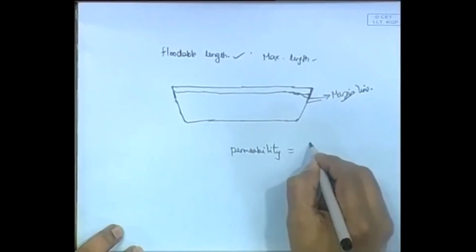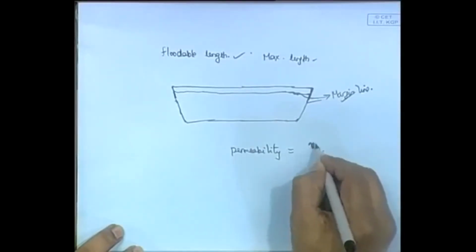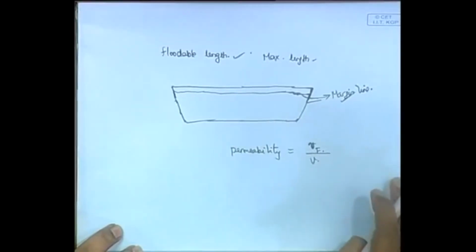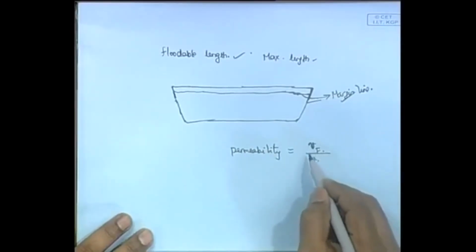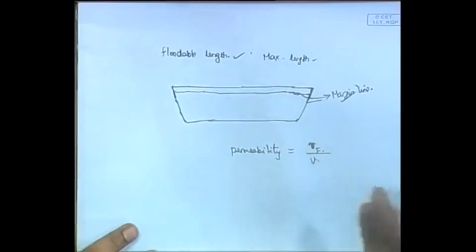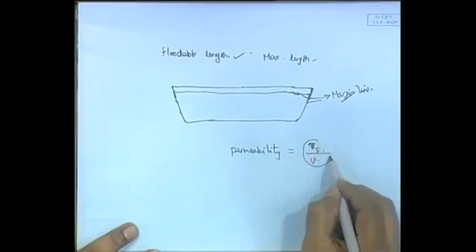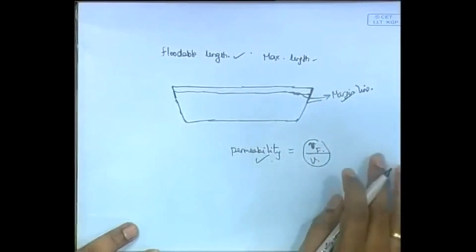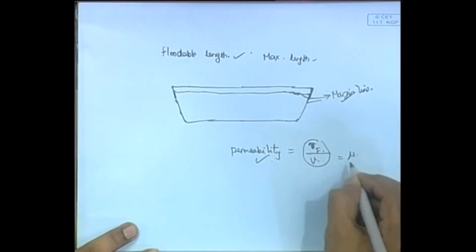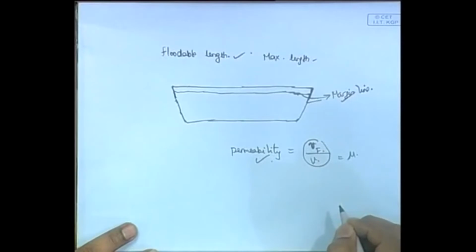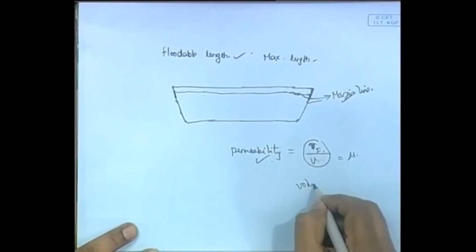So the floodable volume, let us call it Vf. V is the total volume of the compartment. This will include different things that are kept, like different kinds of constructions in the room. So that will reduce the floodable volume. This ratio is called permeability, and the symbol is mu. Usually when we talk about permeability, we are talking about volume permeability.